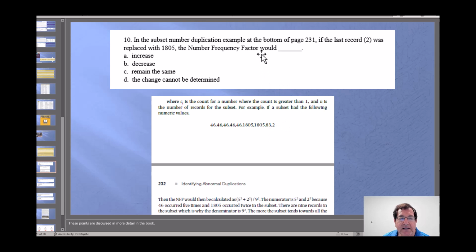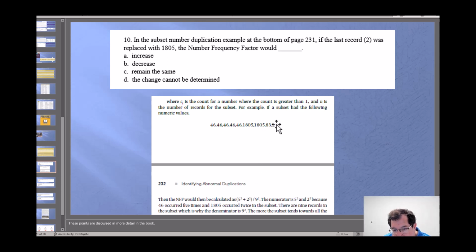And the question is, in this example, if the last record 2 was replaced with 1805, the number frequency factor would, well, do what? So this is how we calculate it at the moment. 5 squared plus 2 squared divided by 9 squared, because there are 9 of them.